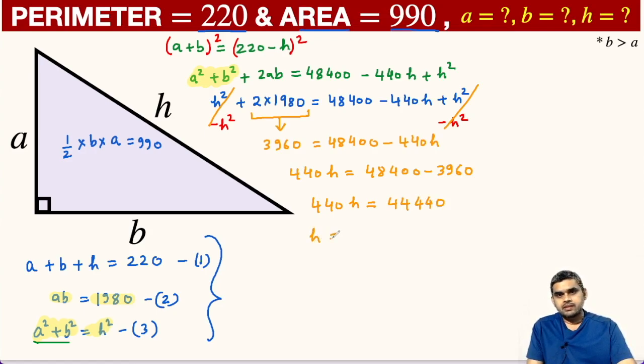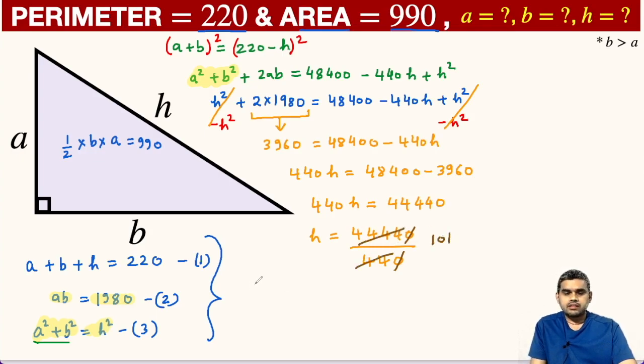So h will be equal to 44440 upon 440. Let us simplify this. We can cancel these two zeros and then we can simply see that this is divisible by 44. So this will be 101. So h we have got as 101 units.